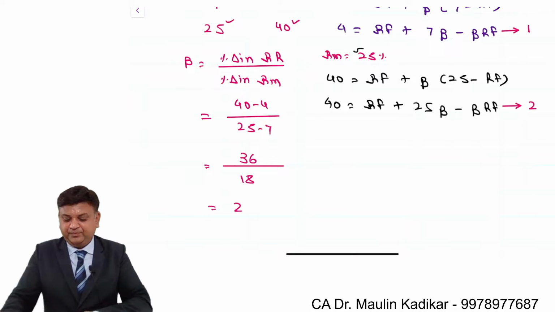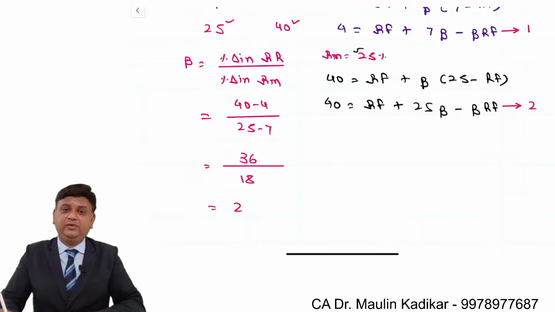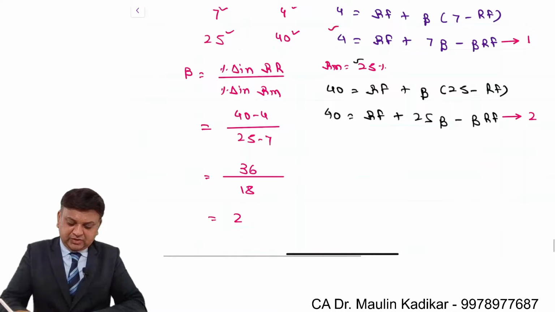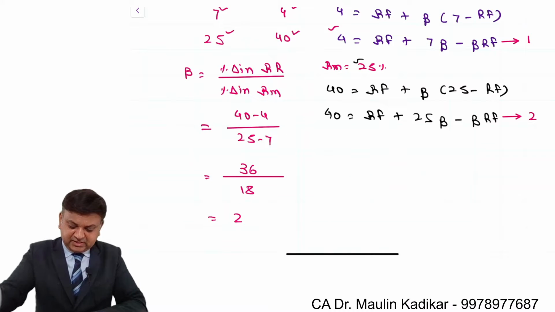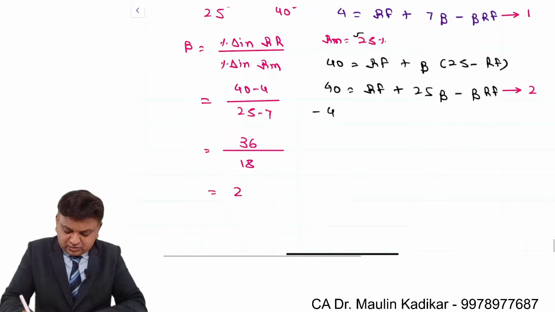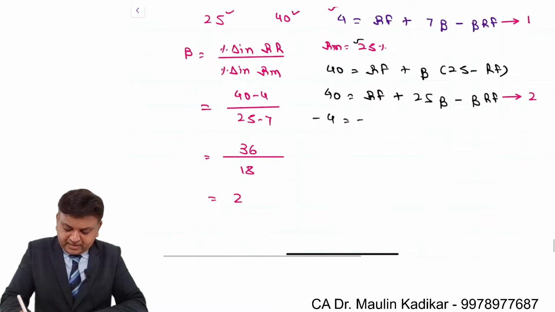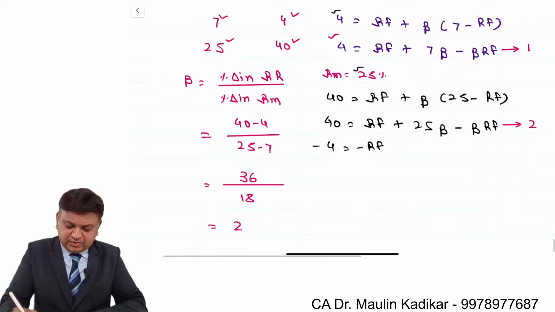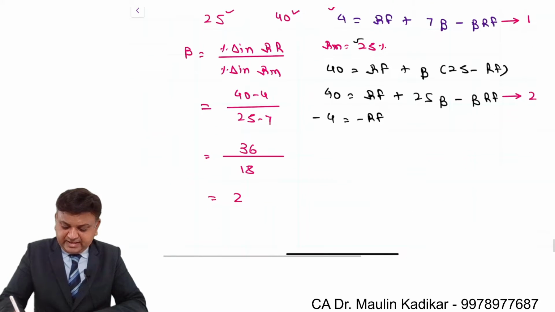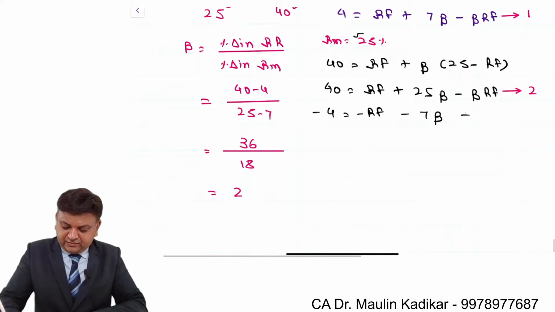Now equation number 1 and 2 will be compared with the change in sign. I am writing the values of equation number 1 with the change in sign: minus 4 minus RF, this positive will become negative, minus 7 beta and plus beta RF.